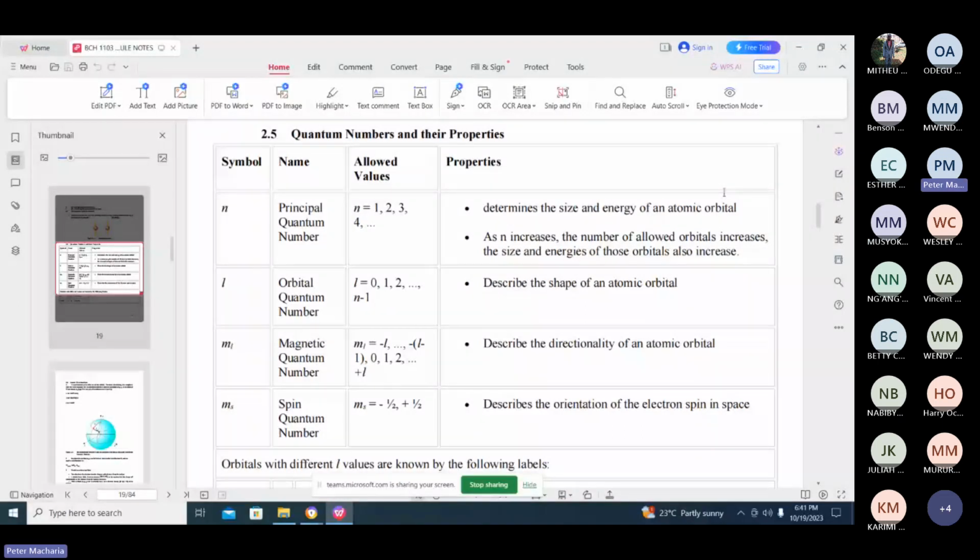So today I wanted us to look at the different ways of looking at quantum numbers. Now, when you are looking at quantum chemistry, we say that within a principal quantum level, that is n, the principal quantum levels are given numbers 1, 2, 3, 4 upwards as you move away from the nucleus.